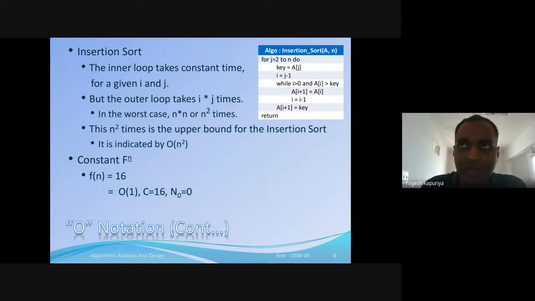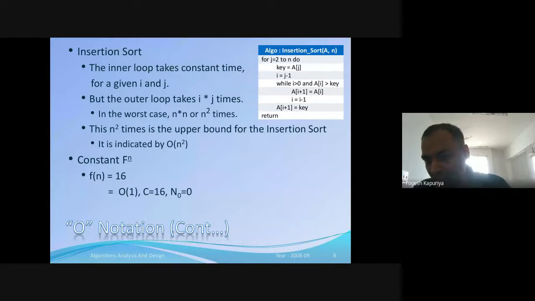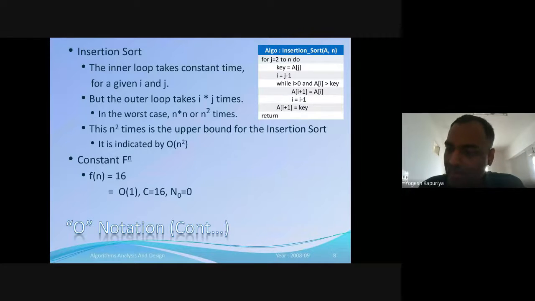Now you have a bubble sort. You compute the step count. Then you find the big omega, big O notation. It turns out to be big O of n square. Then you have quick sort. You compute the step count. You compute the big O notation of that.